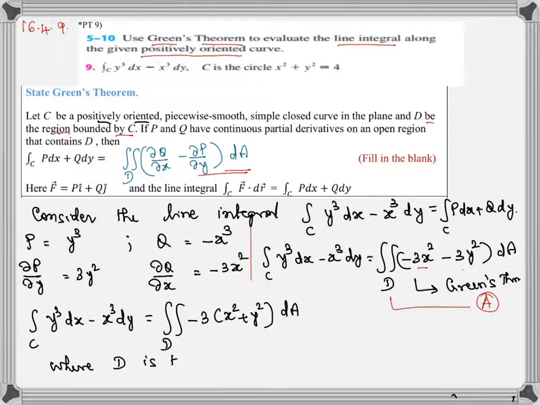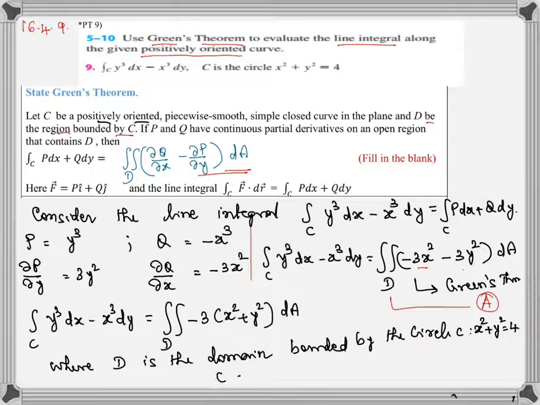So D is the disk bounded by the circle with center at the origin and radius 2, x squared plus y squared equals 4.